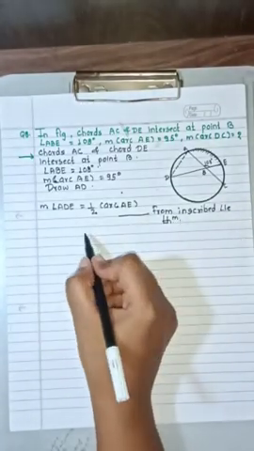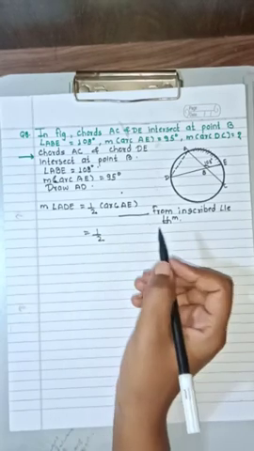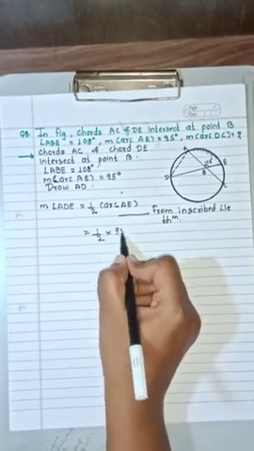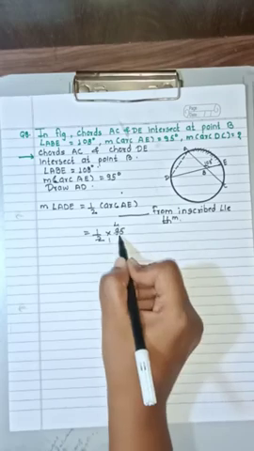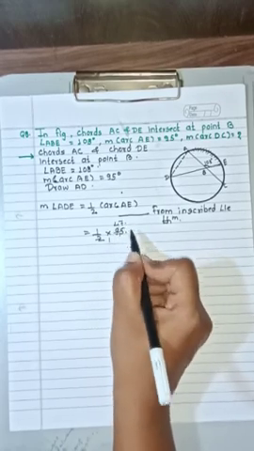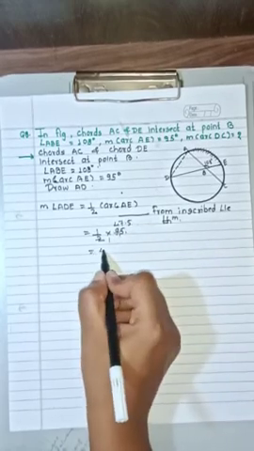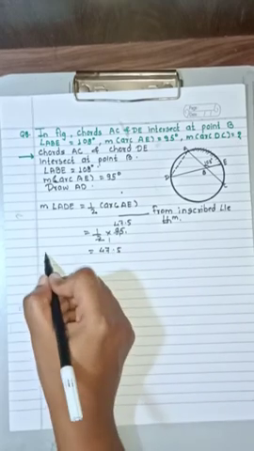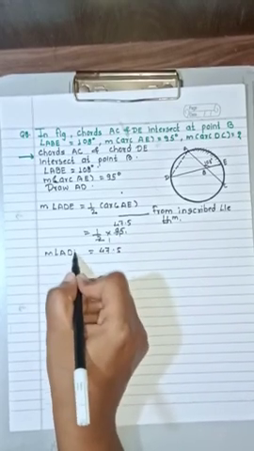Okay, therefore half of AE, how much? AE is 95. That means 47.5 is the measurement of angle ADE.